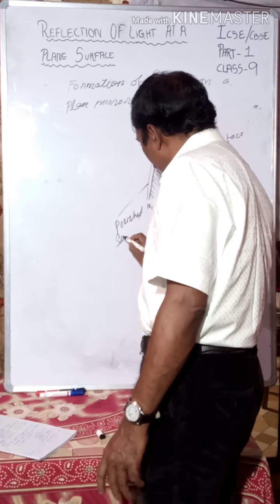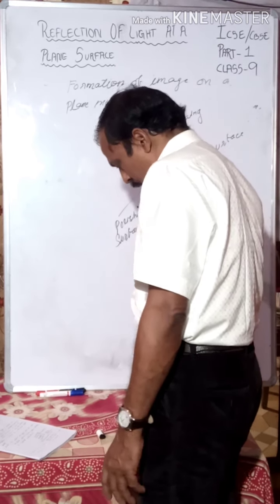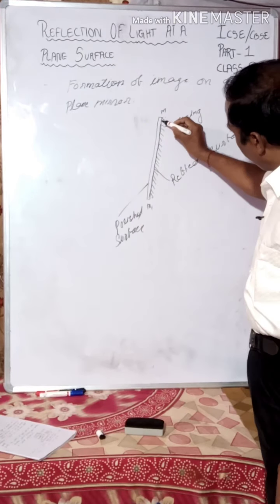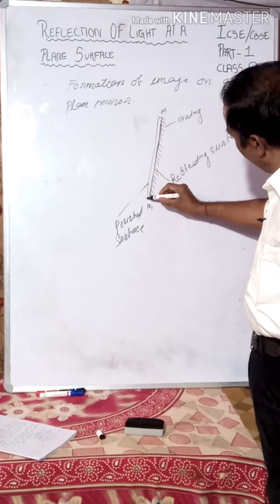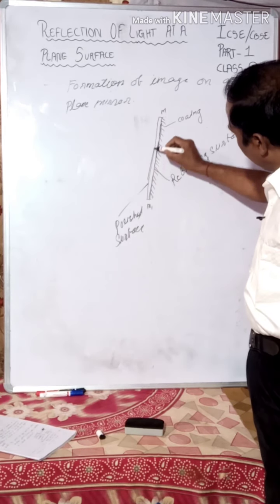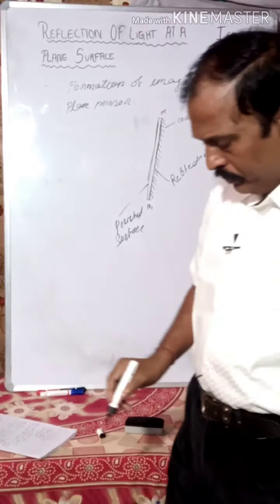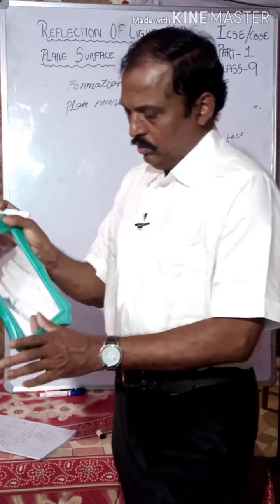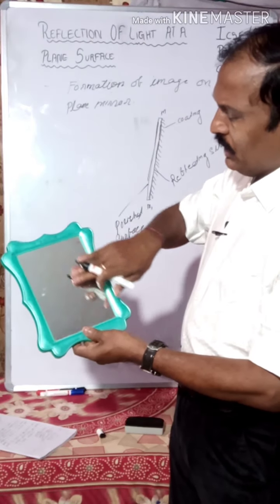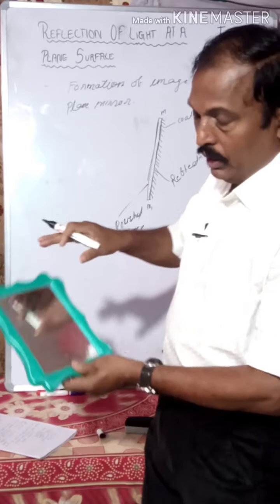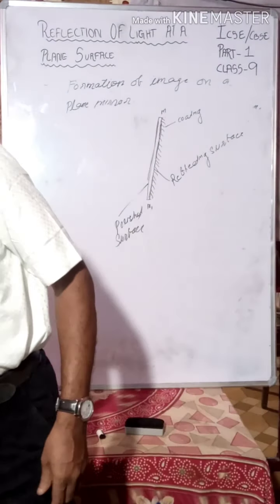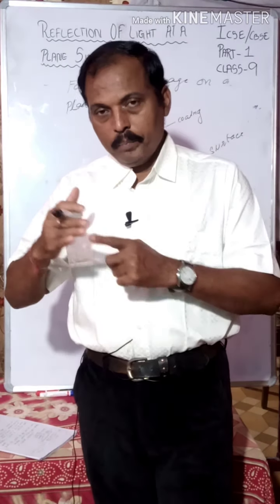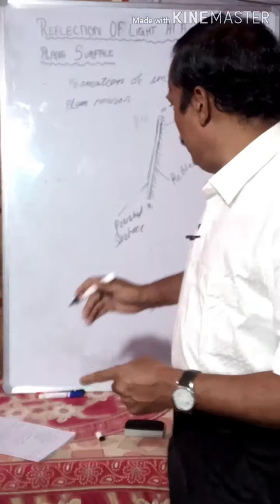This is the silver surface. This is the polishing surface of the mirror. The polishing surface is in front of the mirror, and the silver surface is where the image is reflected from.